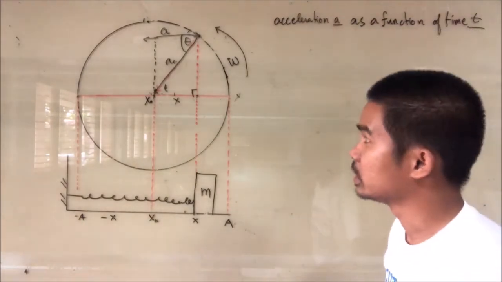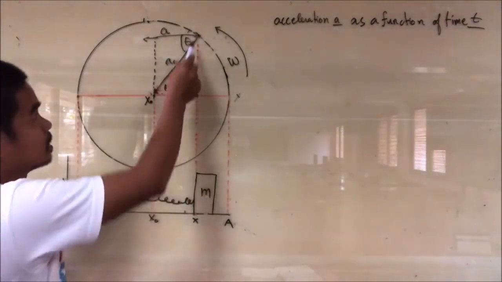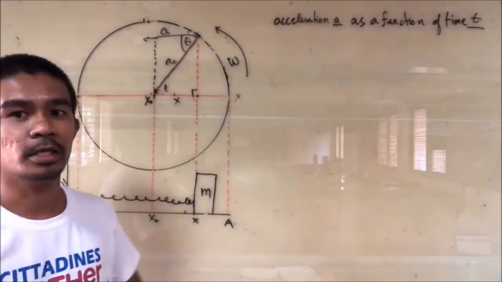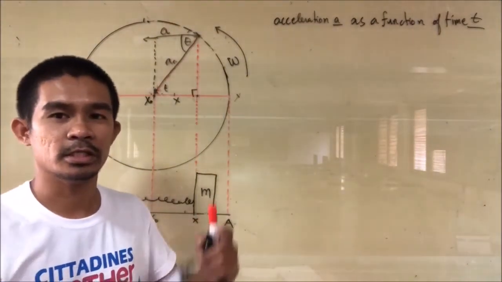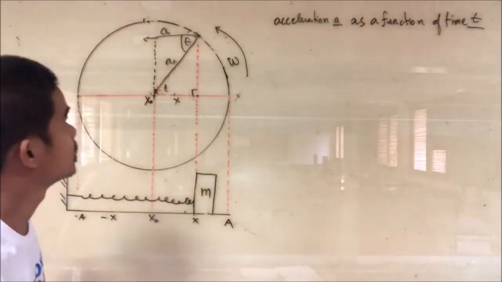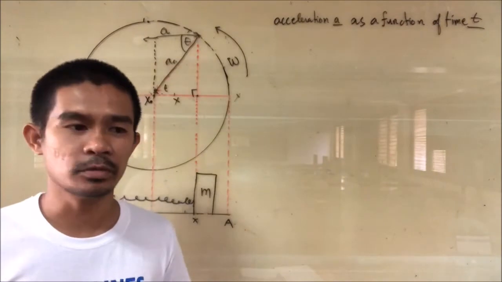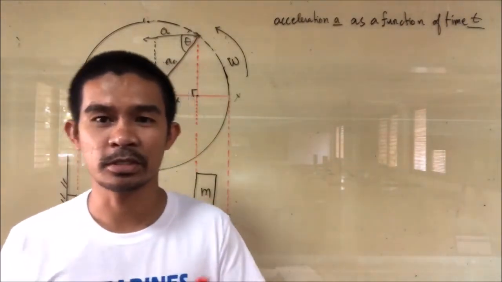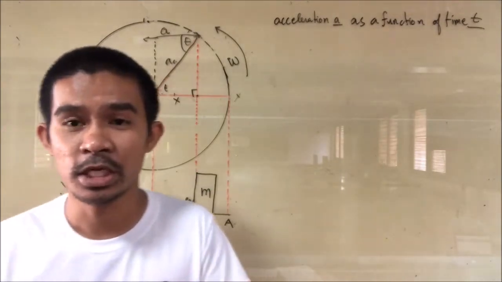Alright. Now, again, this object moving around the circle is at uniform speed, or it is in uniform circular motion. An object that is moving in uniform circular motion has acceleration because velocity changes. The tangential velocity changes, so it accelerates.